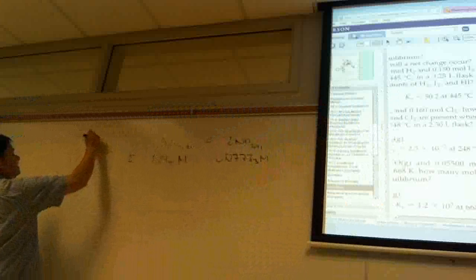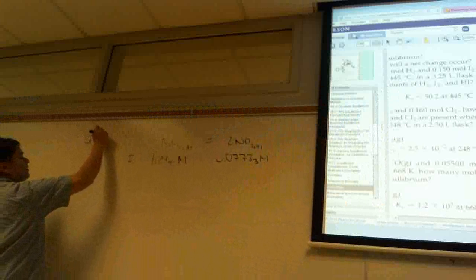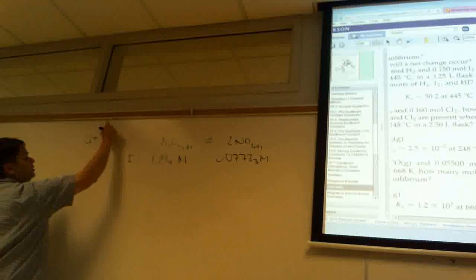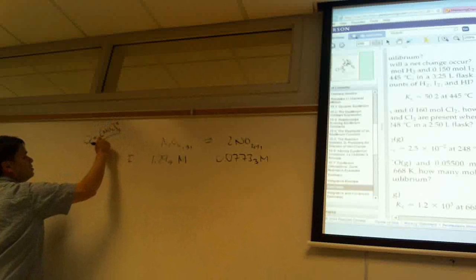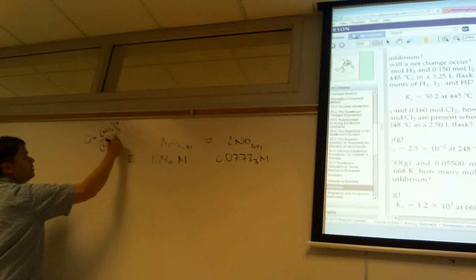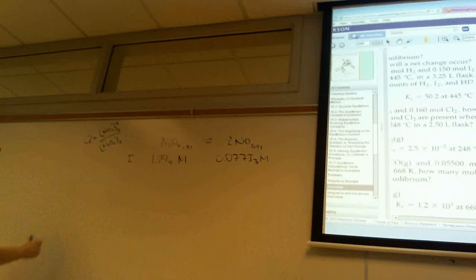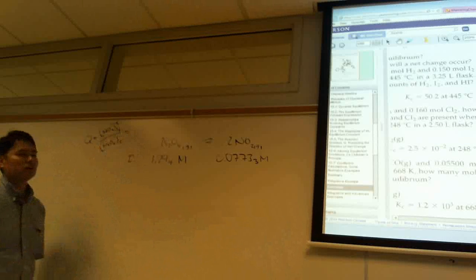And then just make sure. So Q is going to equal the NO2 concentration squared initial divided by the N2O4 concentration initial. And so what does Q come out to?